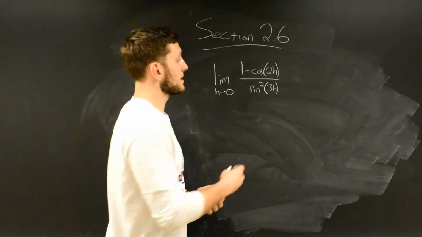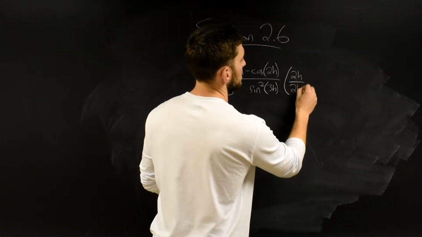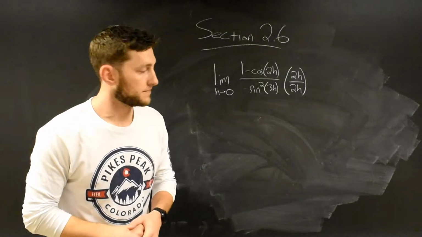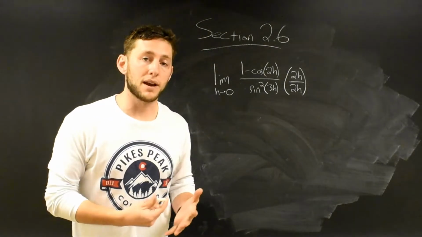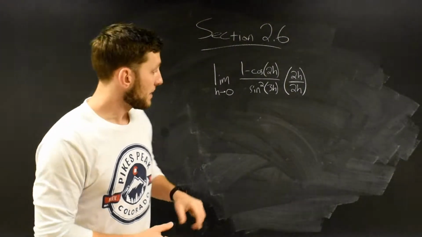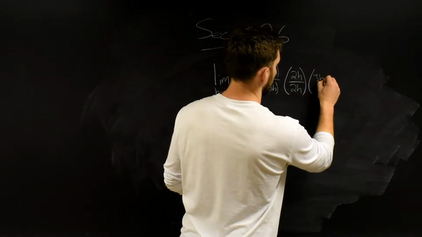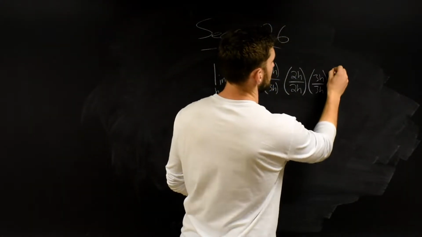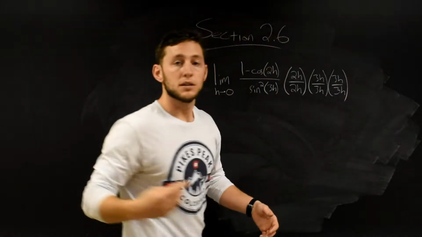Since we want a 2h on bottom, we can multiply by 2h divided by 2h. Now with sine squared of 3h, recall that sine squared is just sine of that angle times sine of that angle. So I'm going to want 2 copies of 3h on top, meaning I have to multiply by 3h over 3h 2 different times.